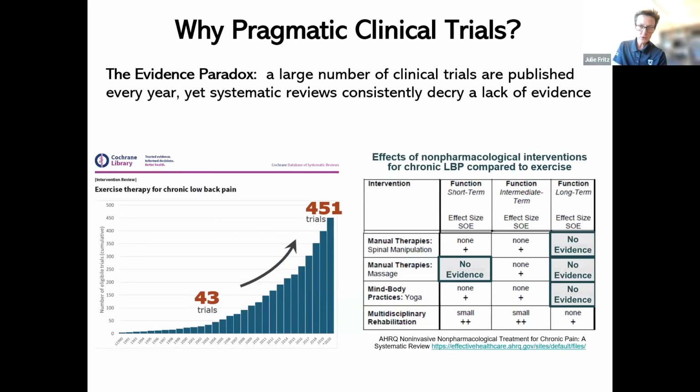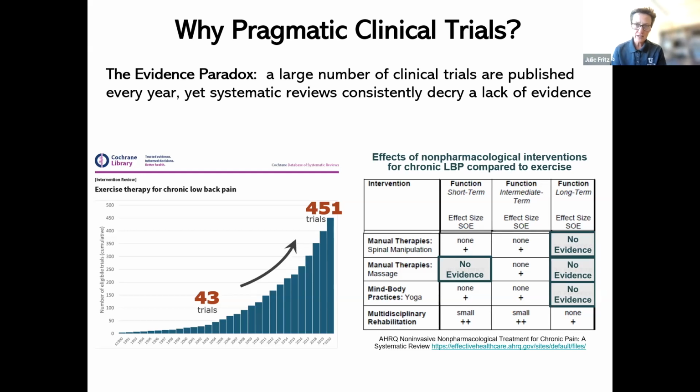Further rationale for the need for pragmatic trials is something that's often termed an evidence paradox. And my own research deals primarily with people who have low back pain. So I use an example here in my world of what's meant by an evidence paradox.